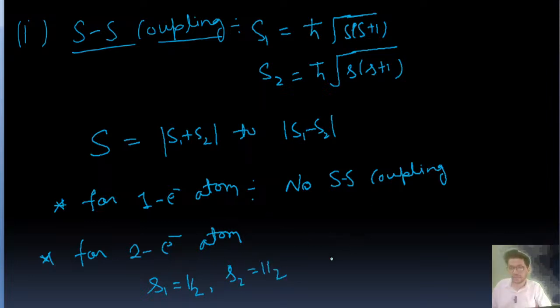So value of S is going to be mod half plus half to mod half minus half, right? So value of S is going to be 0 and 1, that is 0 and 1. Okay, so this is the value of S.